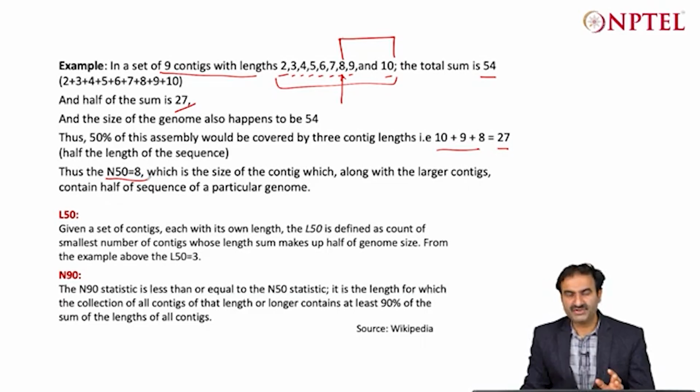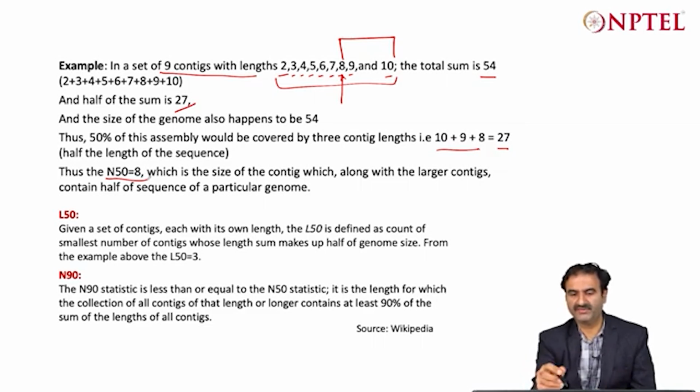Now the second thing that you should look at is L50. N50 is 8, because 8, 9 and 10, these 3 contigs, represent half of the total assembled genome, the median that separates the two sides. Now, in how many pieces is the assembly that you are talking about, the N50?